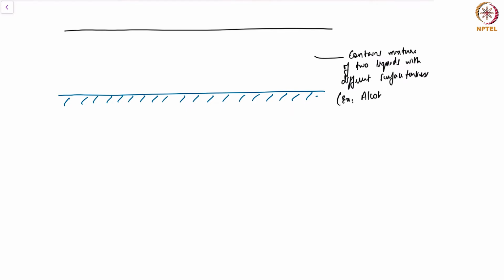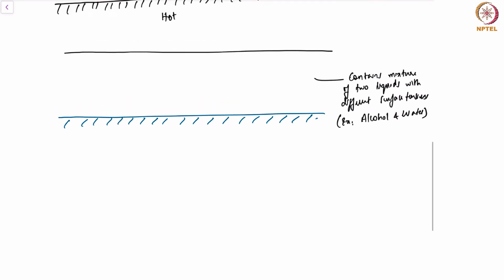Alcohol and water is one example. So water and alcohol are miscible in each other, but each of them has a different surface tension. The alcohol-air interface and the water-air interface have different surface tensions.